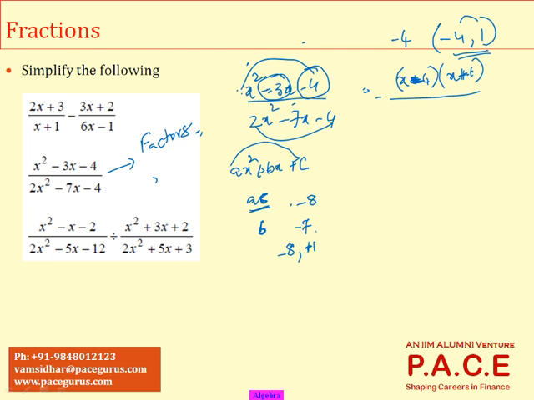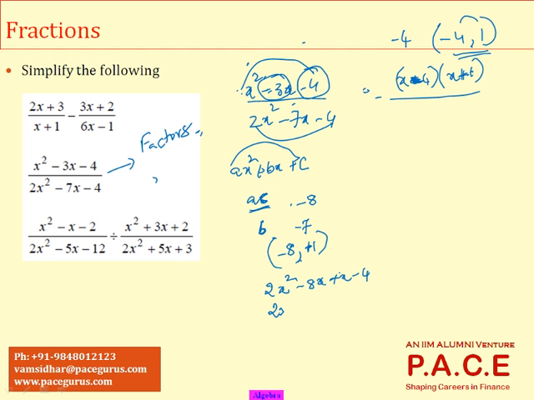Their multiplication is minus 8, and their summation is minus 7. So the simpler way to write it is 2x squared minus 8x plus x minus 4.